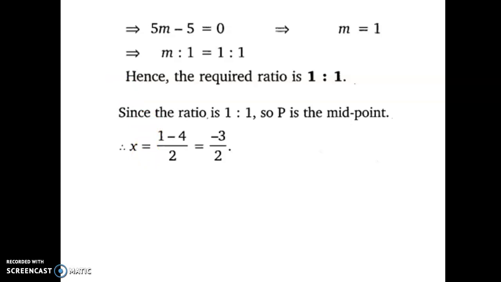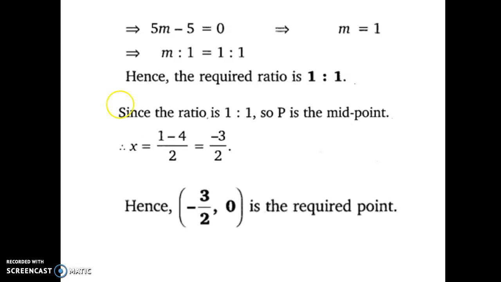So substitute in that formula, you will get -3/2. That is the x coordinate. And the y coordinate you already know, since it was lying on the x-axis, the y coordinate is 0. We wrote (x, 0) for P, no? That's the coordinate we are finding here. So (-3/2, 0) is the required point.